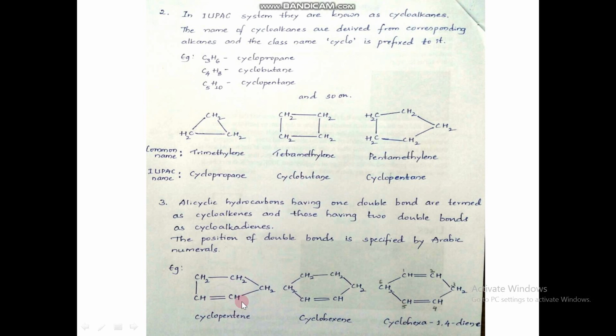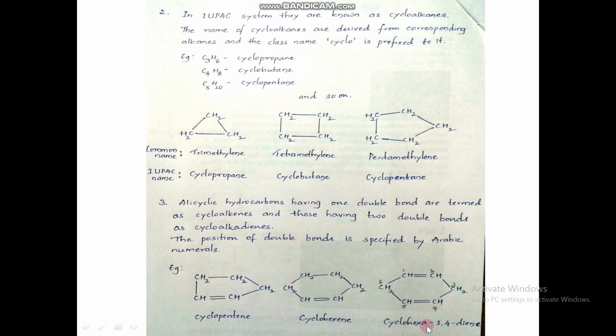So this is cyclopentene. Similarly, this is a cyclic structure, cyclo, and there are 6 carbon atoms, hex, and there is one double bond, so that is suffixed as "-ene". So this is cyclohexene. Similarly, this is the same structure, but here two double bonds are there.